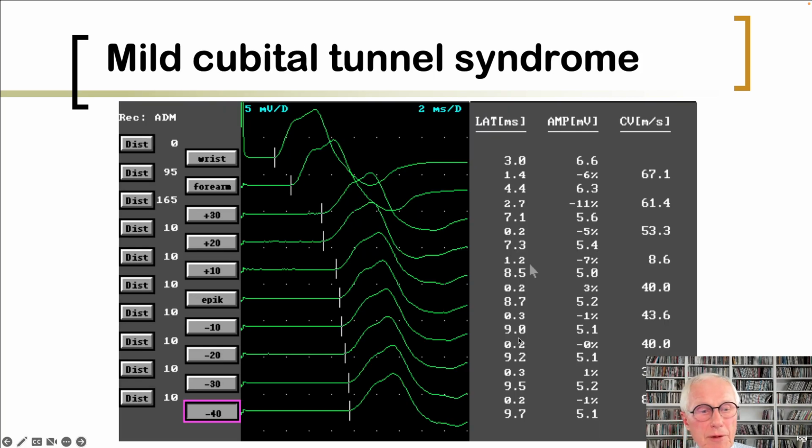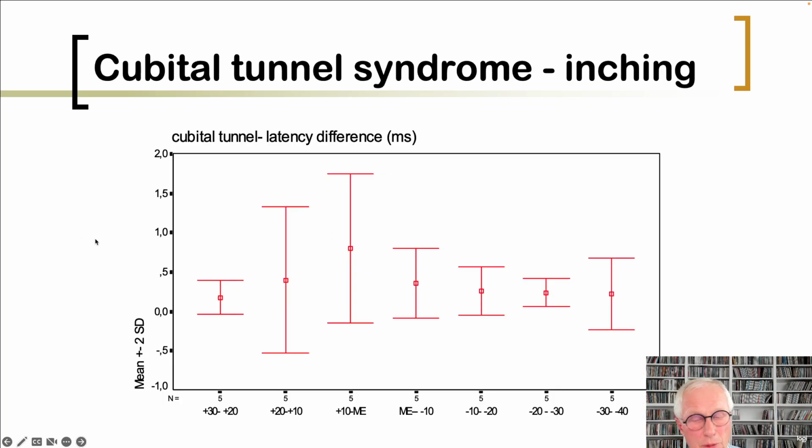If we have a problem which is distal to the medial epicondyle in the cubital tunnel, now you see that here we have the epicondyle right here, and the problem is more distal to the epicondyle. So here the prolongation is located significantly more distally.